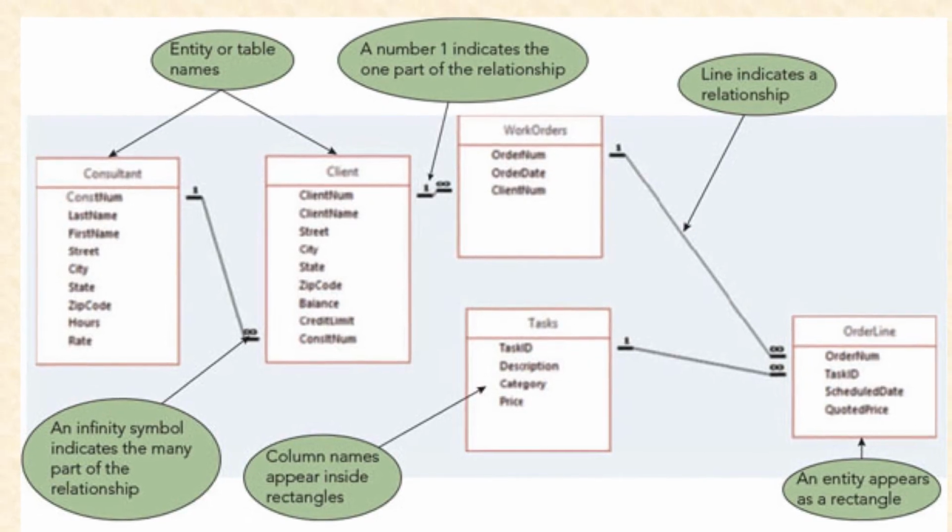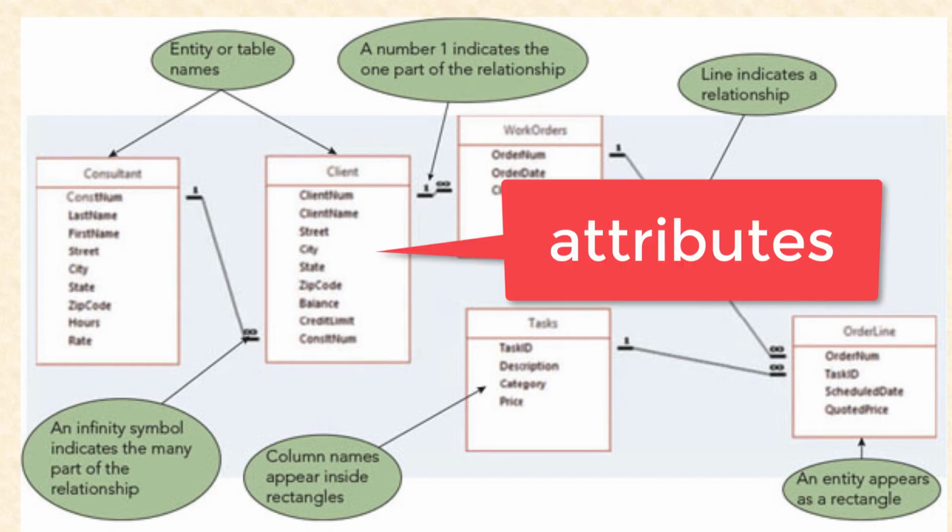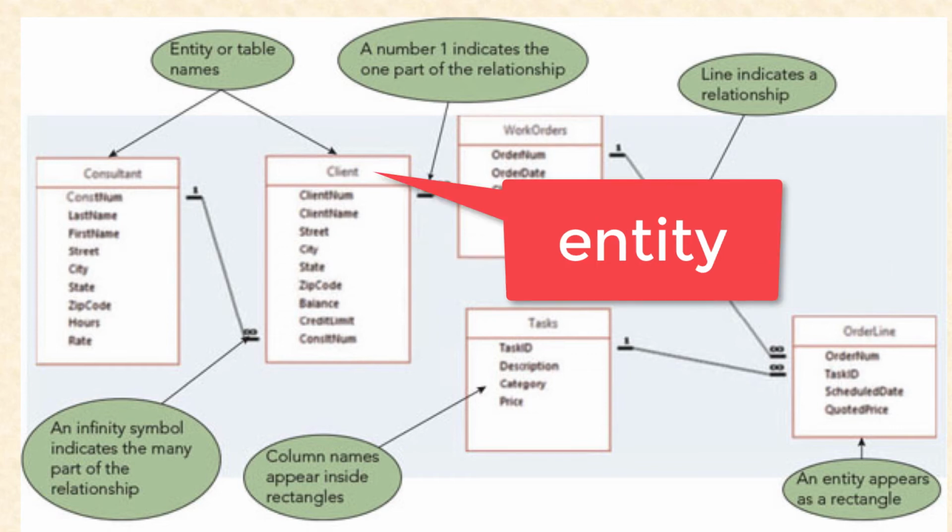Here's an example of an entity relationship diagram. And you might have seen this in Access if you ever worked in Access before. In the small boxes, the bottom parts, it's showing all the columns or the fields or the attributes, formally. And at the top, where you see consultant, client, work orders, this graphic is somewhat blurry, but those are all the tables or the entities.